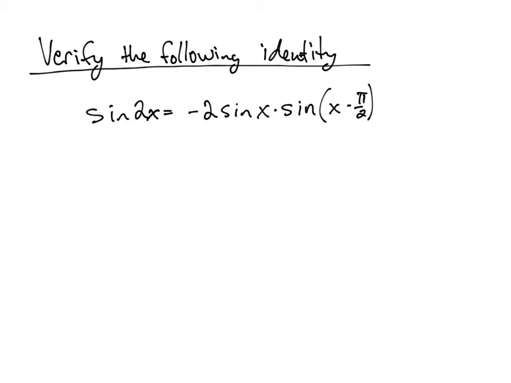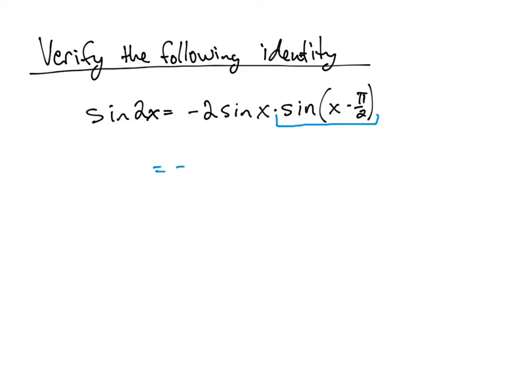One way that we will use the double angle formulas is in the process of verifying a trig identity. Here we have sine of 2x is equal to negative 2 sine x times sine of x minus pi over 2. There are a couple of ways we can think about this. One way would be to expand this using the difference formula for sine.